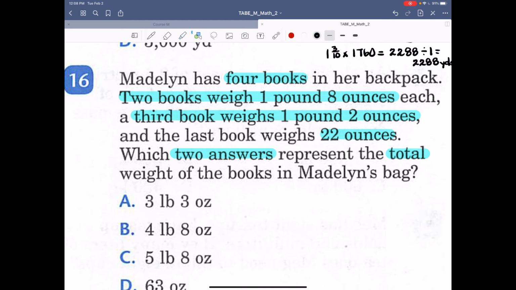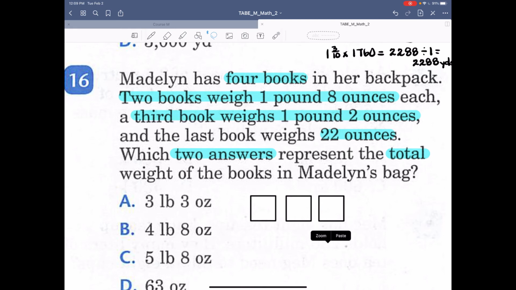Well, you know what I'm going to do. I'm going to make 4 of them. And I'm not worried about scale. Don't worry if one's bigger or smaller. Just draw 4 of them. Don't even think about what they look like. We just want these to represent the books that she has in her backpack. 2 of the books weigh 1 pound 8 ounces.